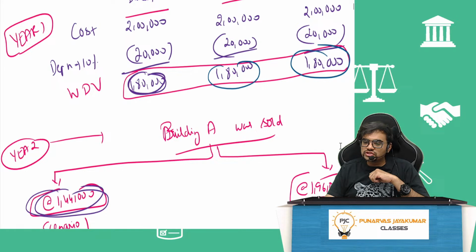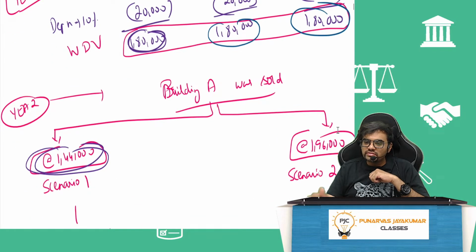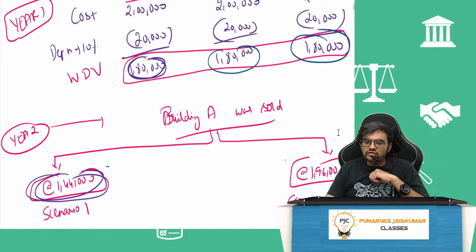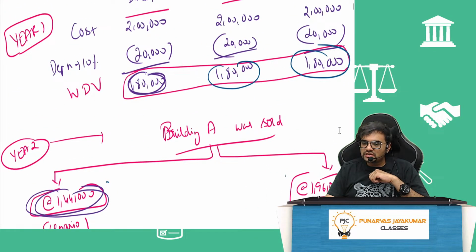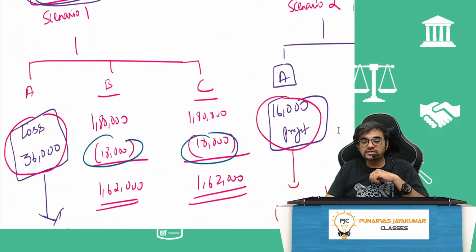Building A, whose WDV is 1 lakh 80, is sold in two scenarios: either for 1 lakh 44 or for 1 lakh 96. If it is sold for 1 lakh 44,000, that is, WDV worth 1 lakh 80 is sold for 1 lakh 44 in a single asset method.